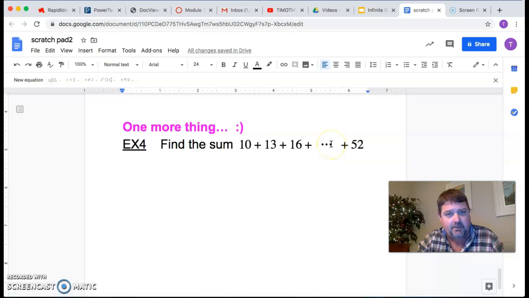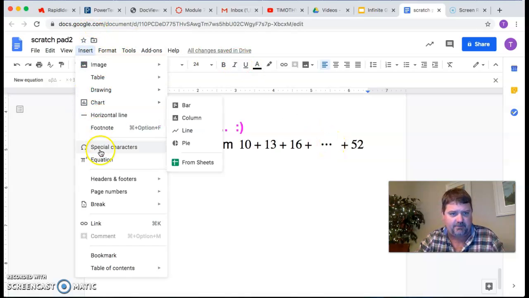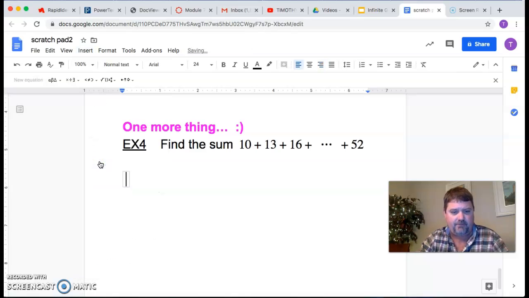So what we can do here is write an equation. We know that 52 is equal to 10 plus the common difference times n minus 1.